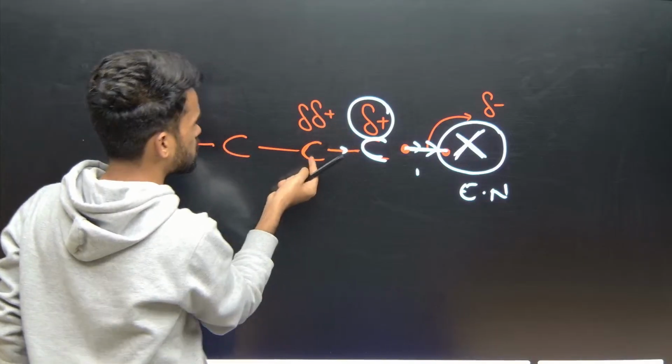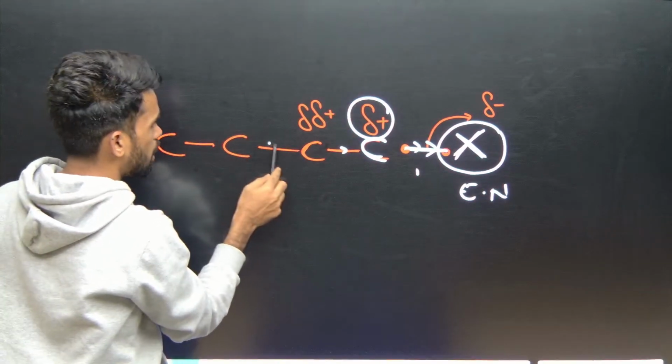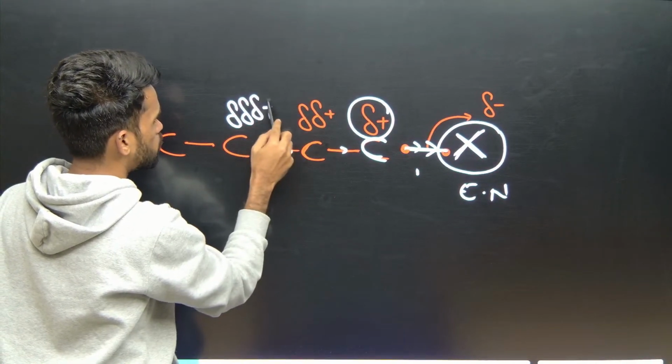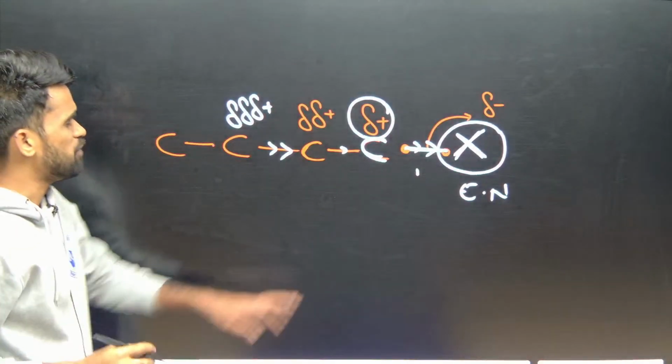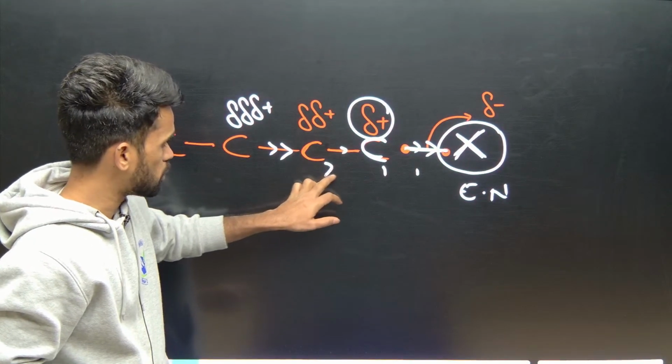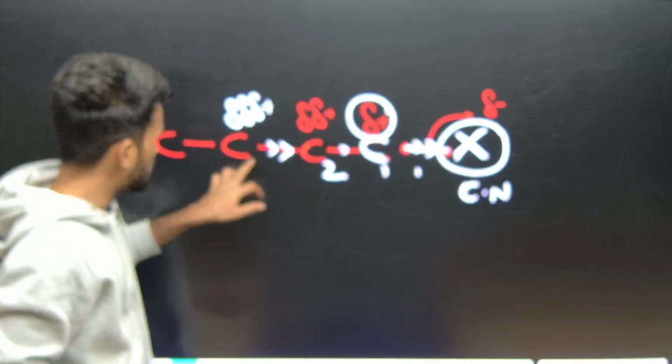And similarly, this carbon shows effect on this, and it will be partial positive charge. It means effect will be more on the first carbon, and it is decreasing to some extent on the second carbon, further decreasing onto this third carbon, and on the fourth carbon, the effect is almost negligible. So inductive effect is working up to the first three carbons. After the third carbon, the inductive effect is almost negligible.